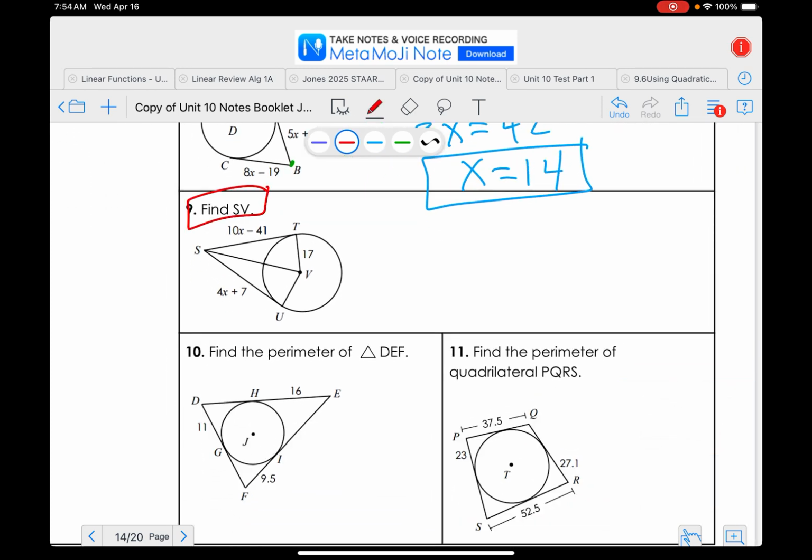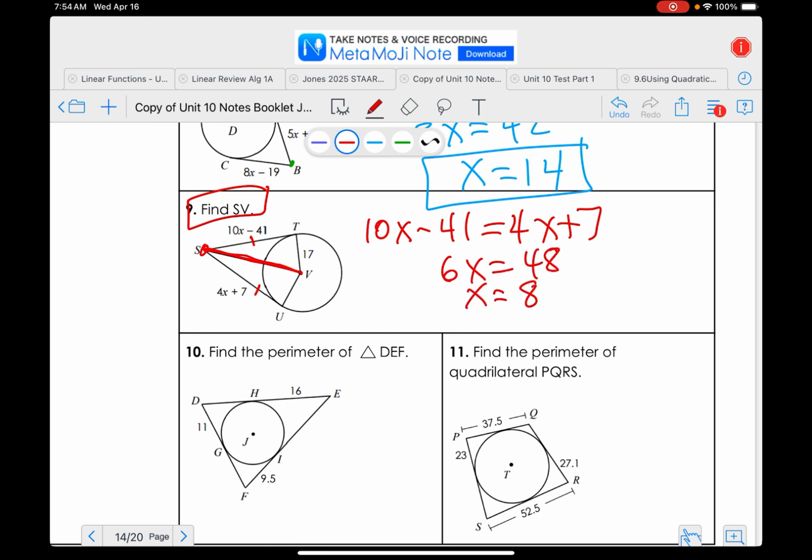Now on this one, they don't ask for x. They ask for side SV, which is this length. And that is not a tangent, but these two are. Since they're both tangent from point S, they're congruent. So x is 8, but I don't want x. I want SV.